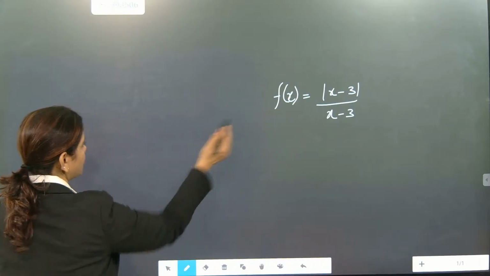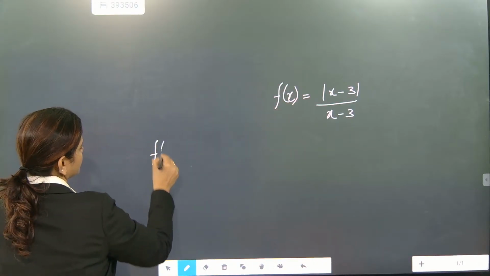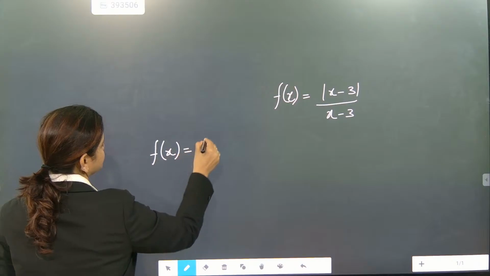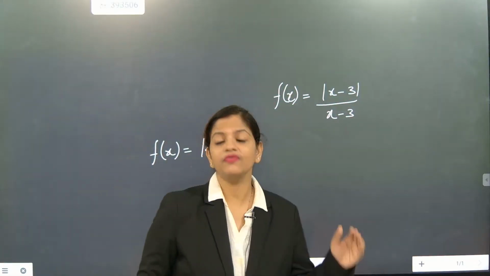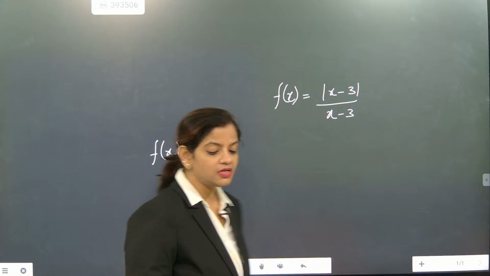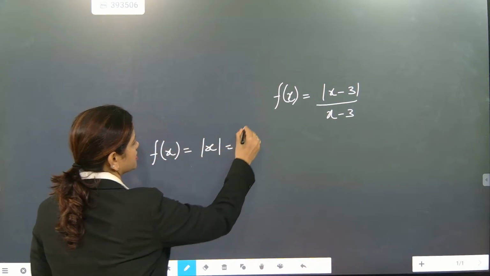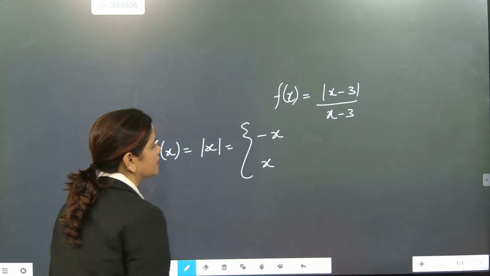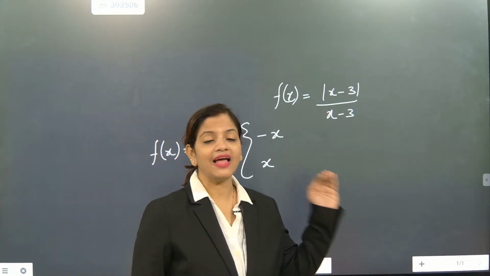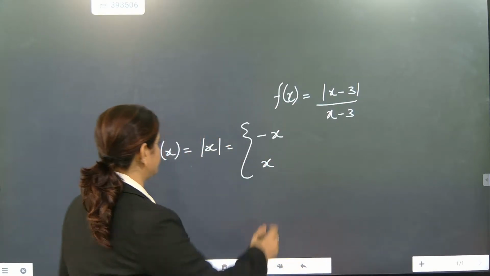This is modulus. Got it? So when we are writing modulus, modulus will have two limits, means the value will be divided.